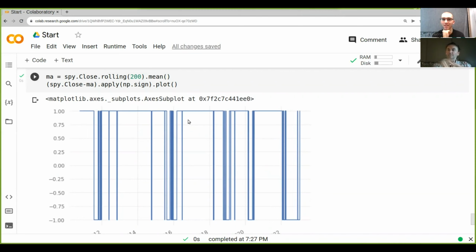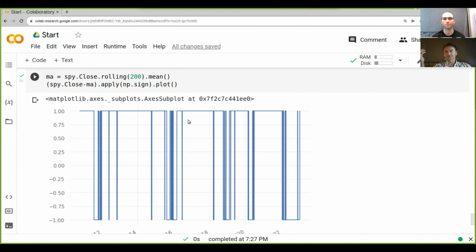Before we had these little fluctuations, but actually when we trade, we're either long or short. If our price is above the moving average, we are long, and if it's below the moving average, we are short. That's all that we really want, right?